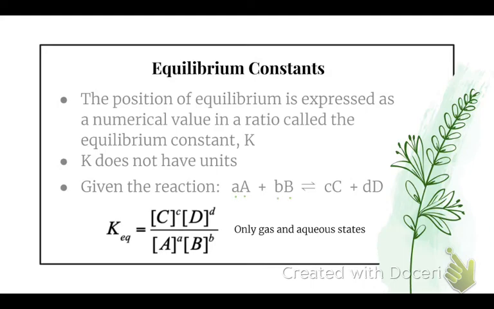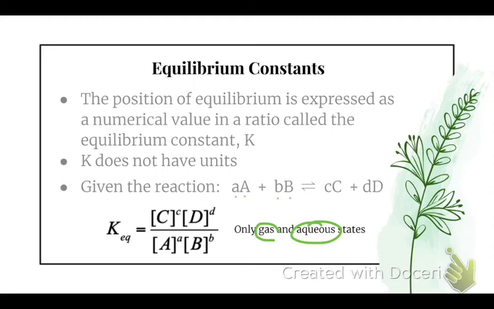The lowercase letters stand for the coefficients, the uppercase letters stand for the reactant or product. When I write an equilibrium expression, I'm only going to use gas and aqueous states. So if there's anything that's a solid or liquid, it is not going to be put in the equilibrium expression, only gases and aqueous states.